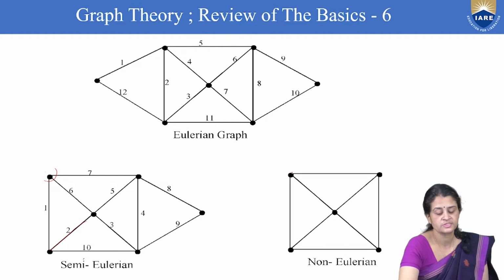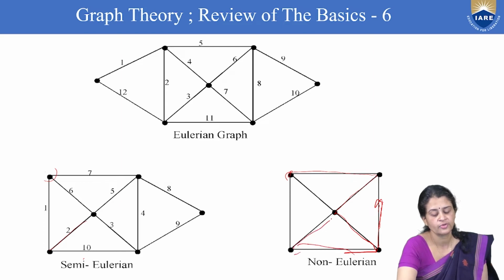If I am starting from this vertex, I go through these edges. If I am going through this, I will have to walk through any of the edges that I have already walked. Here I am going this way, and I can't take this path, and again I have to go through this way.